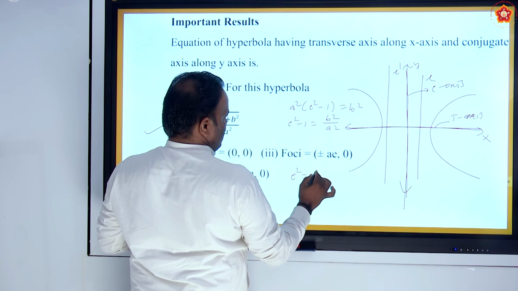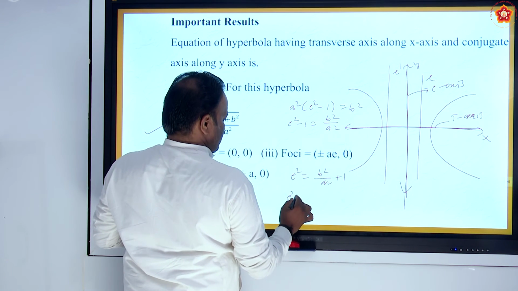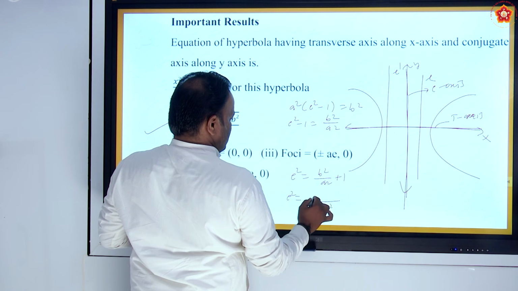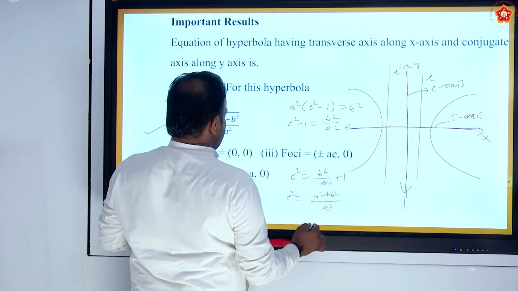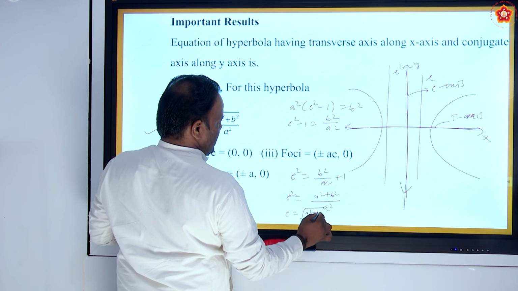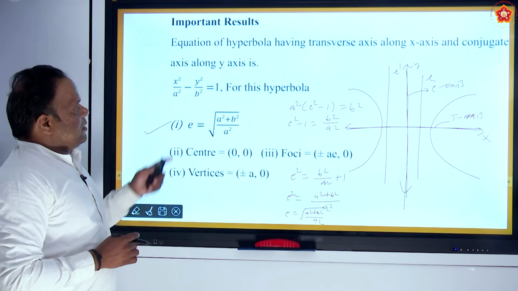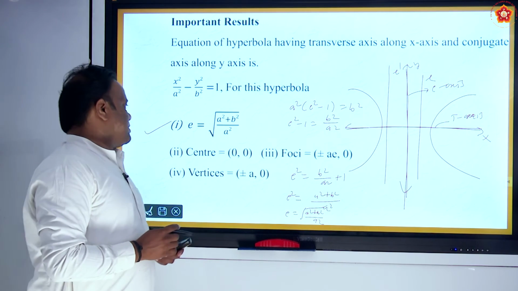So e square is equal to b square by a square plus 1. With LCM a square, e square is equal to a square plus b square divided by a square. So e is equal to the square root of a square plus b square divided by a square. So the eccentricity of the hyperbola is root of a square plus b square divided by a square.